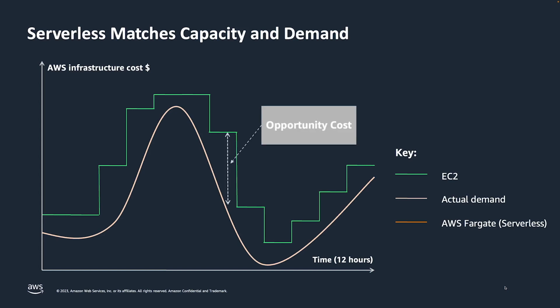Here is the cost optimization opportunity. You can see the difference between the lines, and that's what you're paying extra for. With AWS Fargate serverless, as you can see, your tasks actually scale with the load. So there's no difference in the graph, meaning you're not paying for capacity when you're not using it.